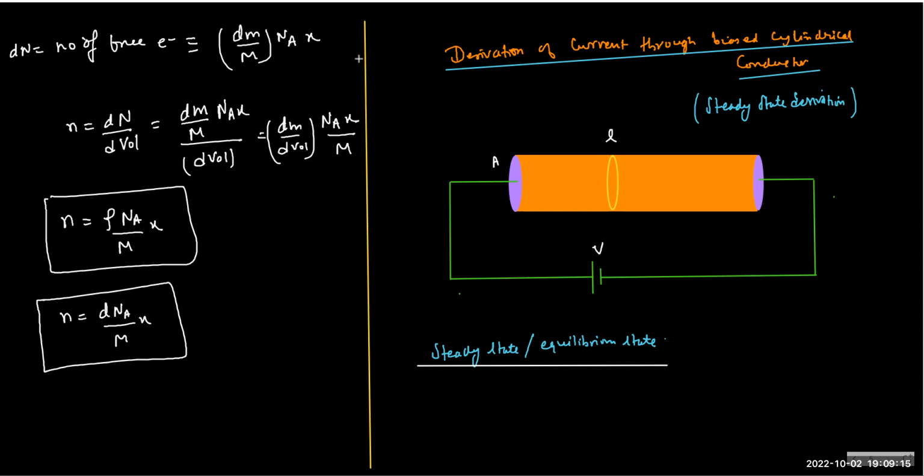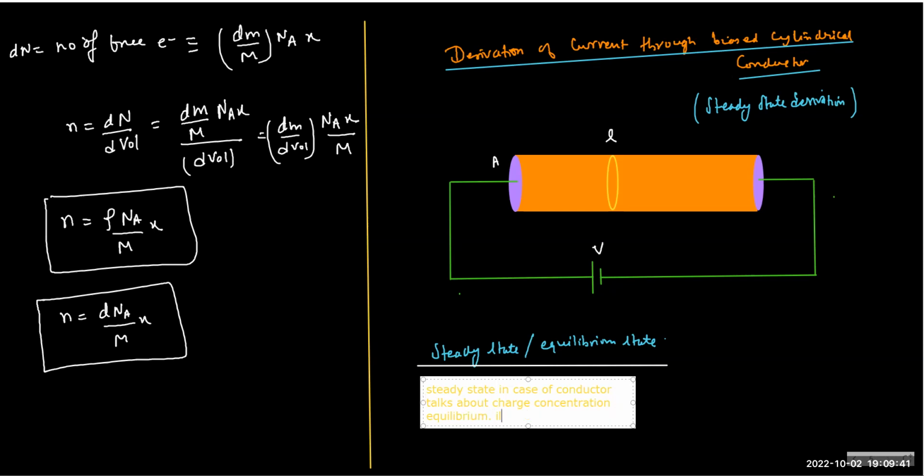So I just put in, steady state in case of a conductor talks about charge concentration equilibrium, that is, if some electron leaves any volume, then the same number must enter that volume to keep the concentration constant.